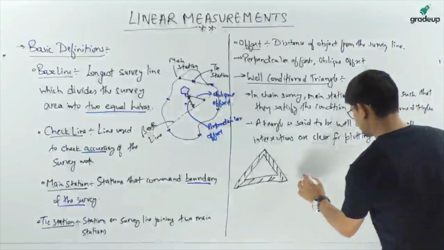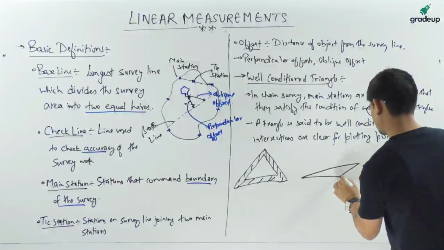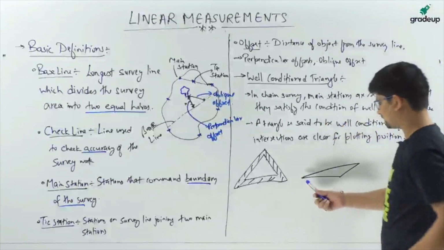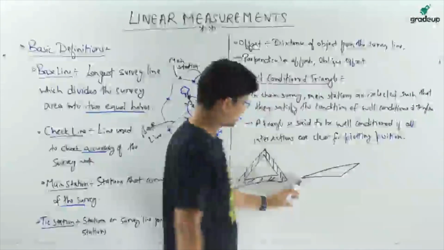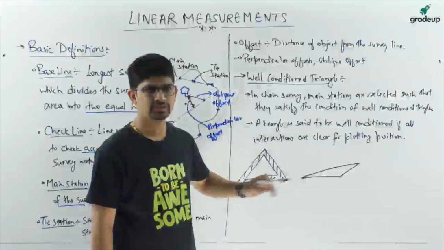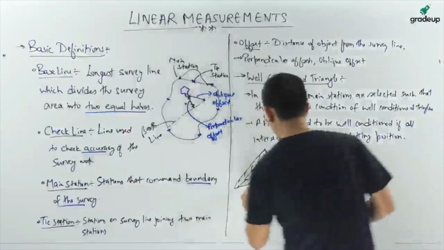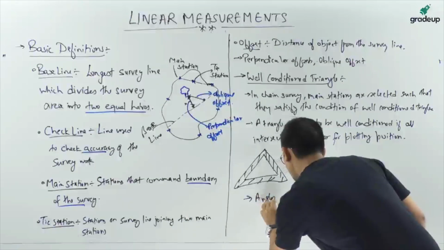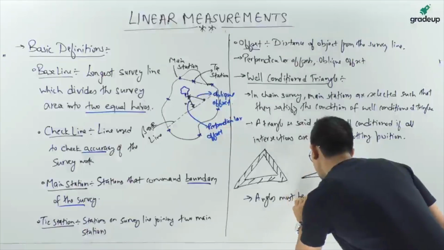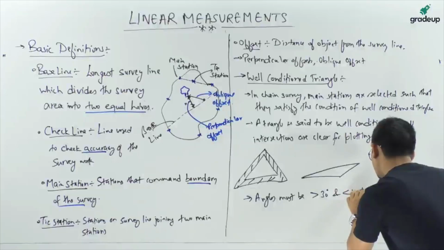If I construct a triangle like this, this intersection is not very clear, so at this intersection it will be difficult to plot the station. For this condition, you might have heard the angles must be greater than 30 degrees and less than 120 degrees.